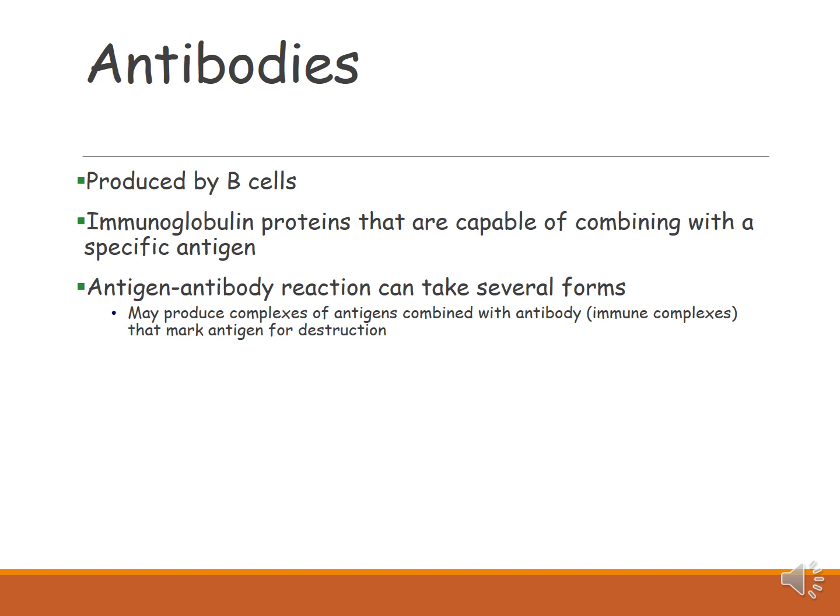We saw in the graphic representation that they combine with or target specific antigens. And this forms an antigen-antibody reaction. Many produce these complexes that then target this antigen for destruction by either a macrophage or a neutrophil.